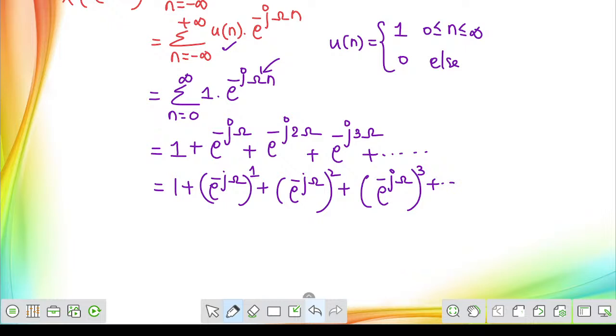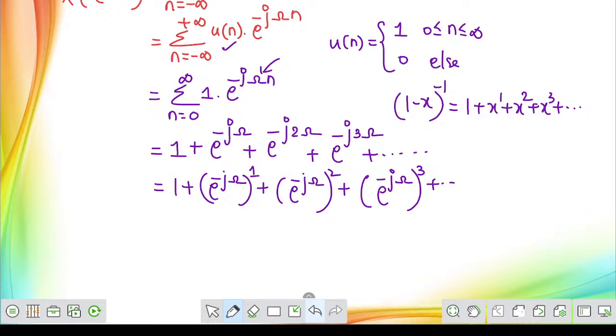If you observe this series carefully, it is similar to the Taylor series expansion of 1 minus x whole inverse, which can be written as 1 plus x power 1 plus x power 2 plus x power 3 plus etc. This is how we write this expression. So it is similar to that one. In place of x, we just have e power minus j omega.